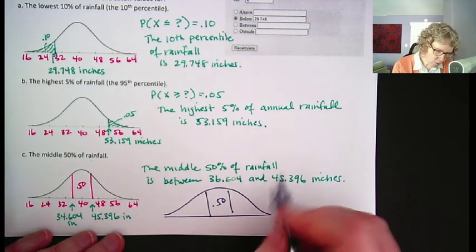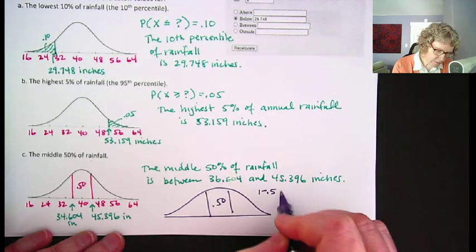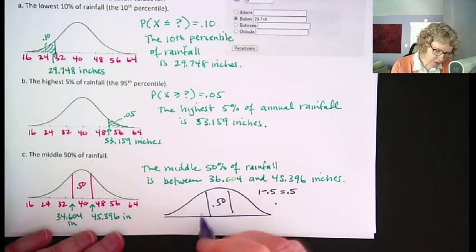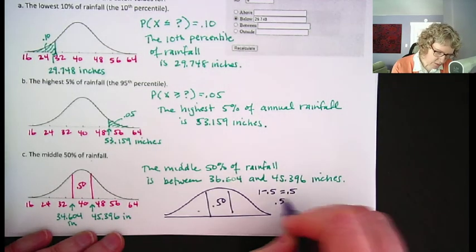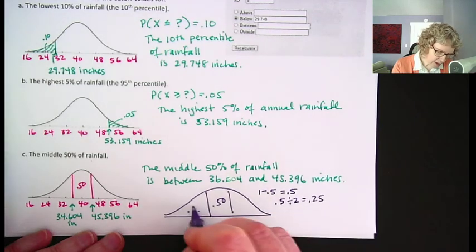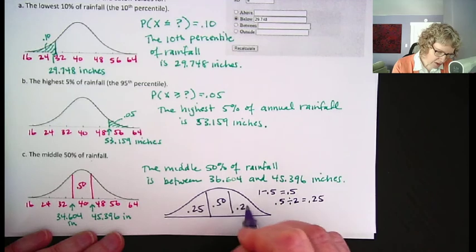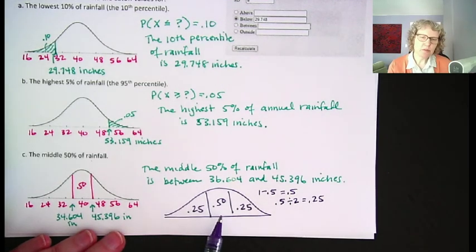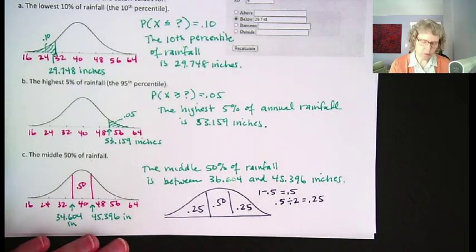So I need to take 1 minus 0.5, which is 0.5, and divide that by 2 since there's half on each side. You might have done it in your head that this would be 1/4 on each side. But we might have to do that for the middle 60%, 80%, and so on and so forth.